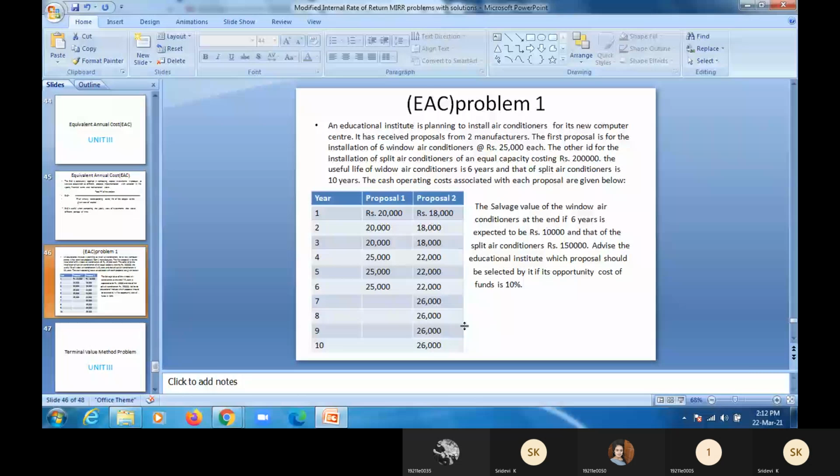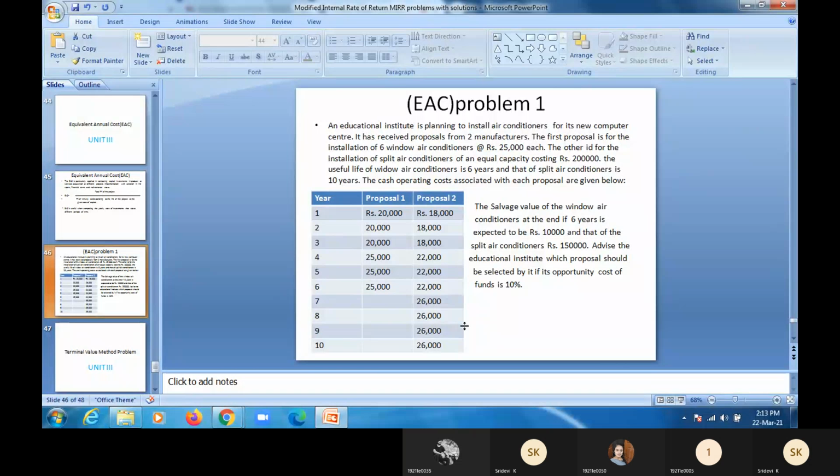One, it is window air conditioners, and the other one, it is split air conditioners. The investment on both are differing. If it is a window air conditioner, it is 25,000. If it is a split AC, its cost is 2 lakhs.